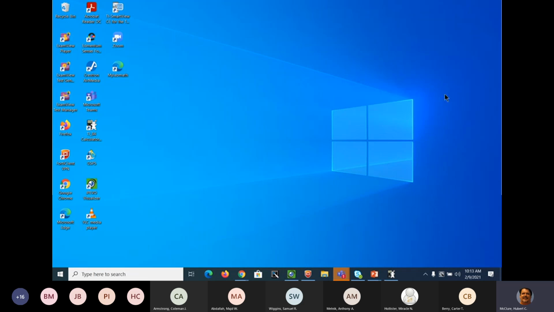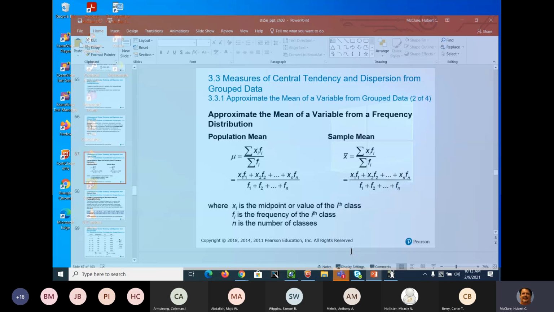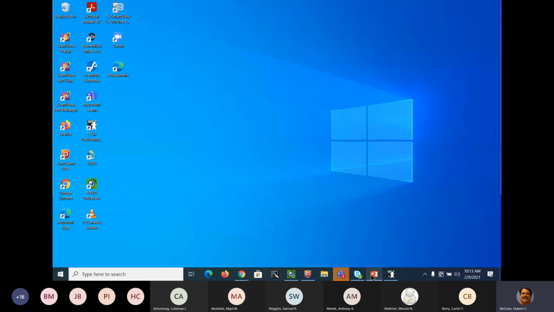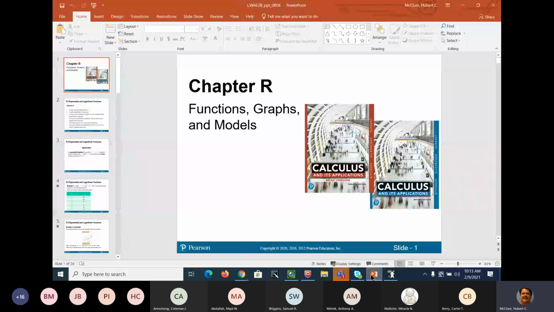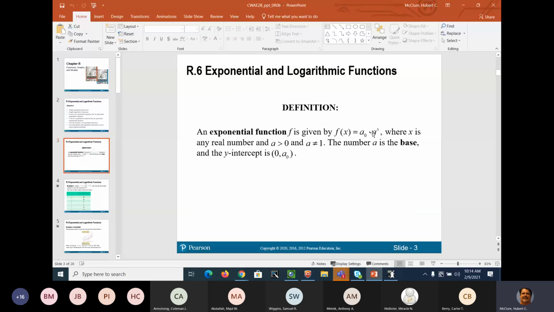Let's look at what they're presenting and see if I got everything pretty much, exponential and logarithmic. There's the exponential function. We just talked about that. I did 2 to the x. There's how a function, and let's see, there we go.